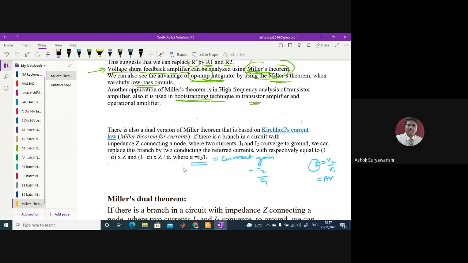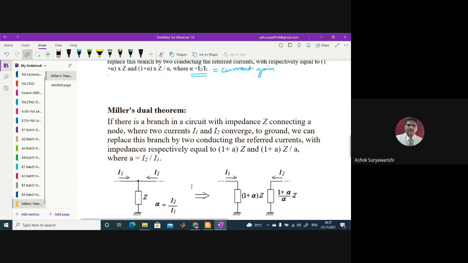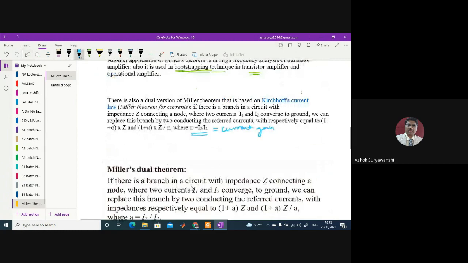Now, how to understand this statement? Let us consider this diagram. As I said, there are various ways. Like Miller's theorem can be stated in two or three ways, similarly the dual of Miller's theorem can also be stated in two ways.